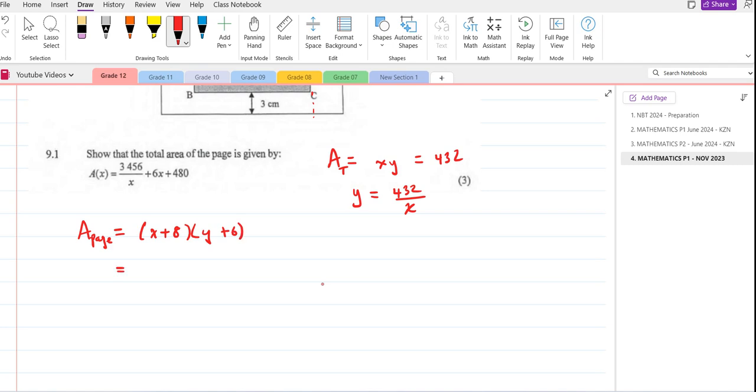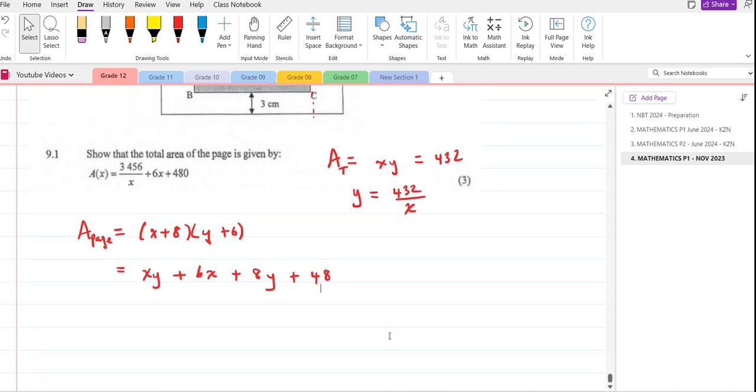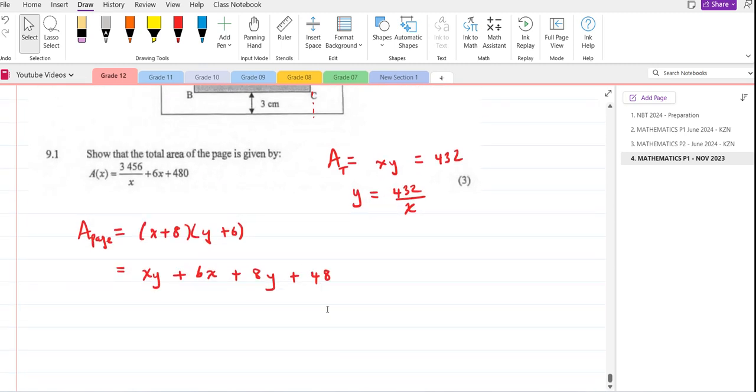If you multiply this entire thing out, we're going to get xy plus 6x plus 8y plus 48. And what we know y to be is 432 over x.